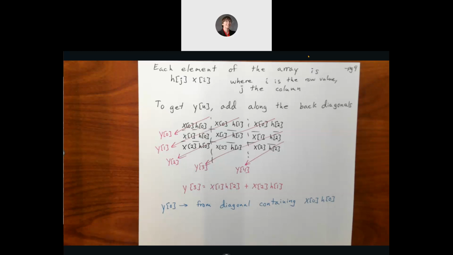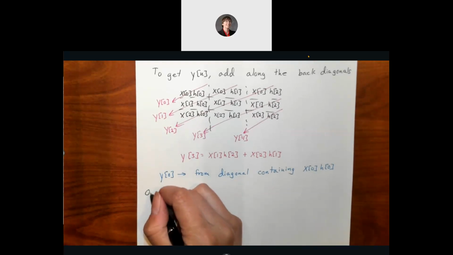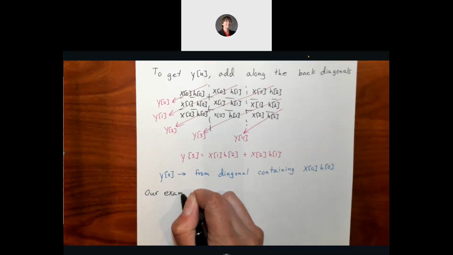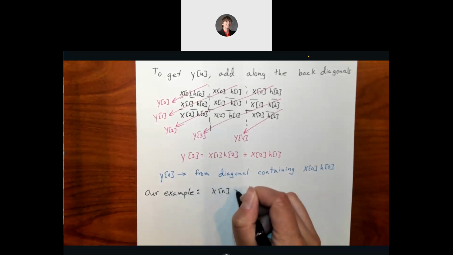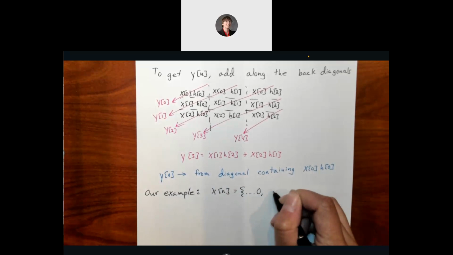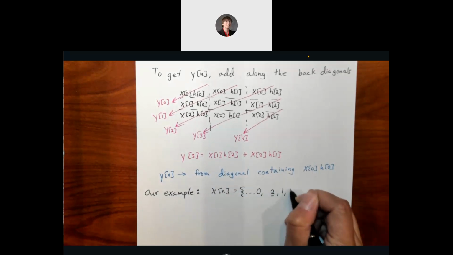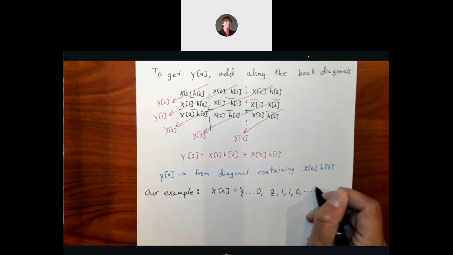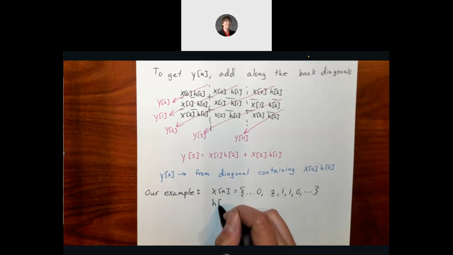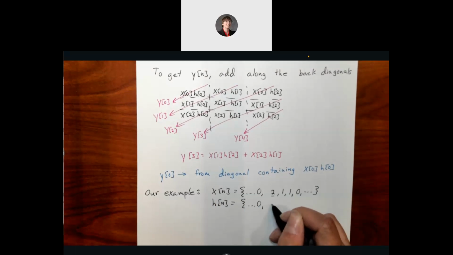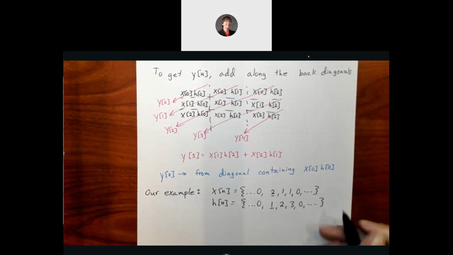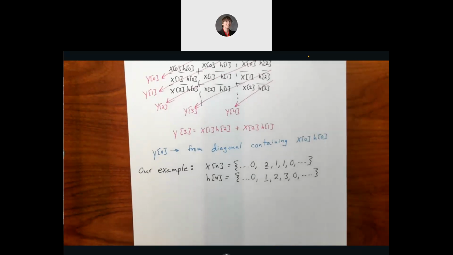So if we take the example that we were looking at before, for our example, we had x[n], we had, let's say, 2, 1, 1, and we had h[n] is 1, 2, 3.